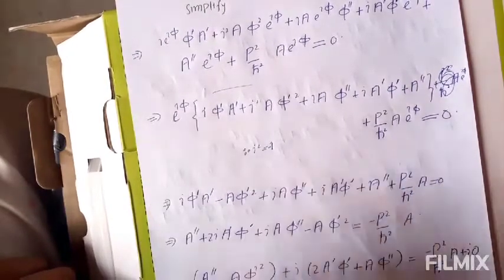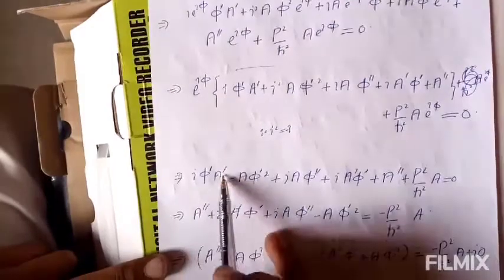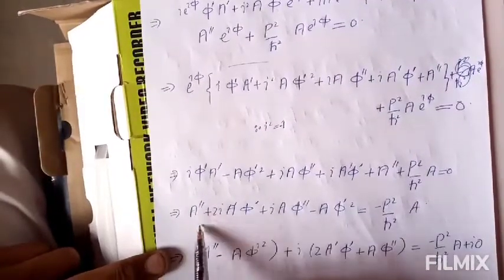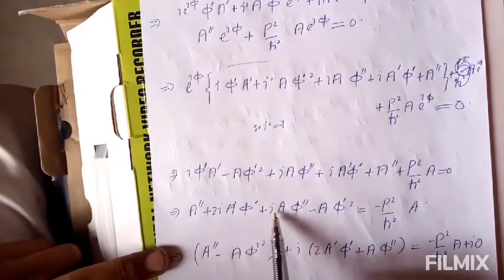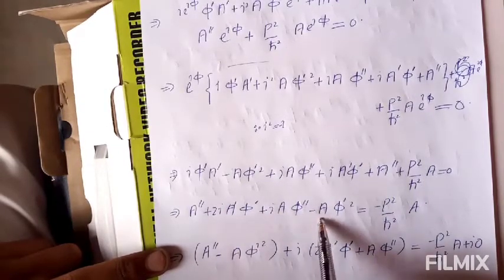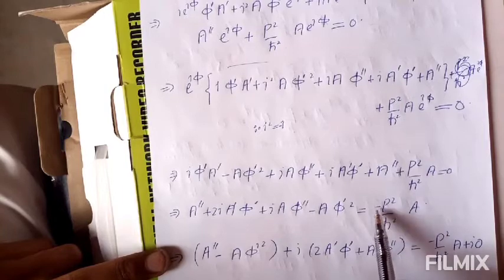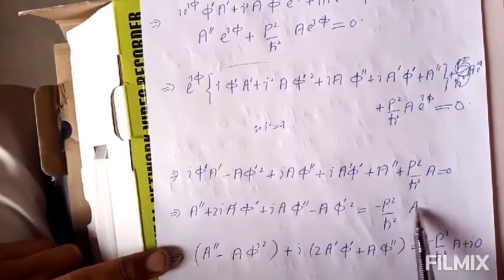Only I remove this one. Now further solving, a double dash plus 2 iota a dash, it is 2 iota a dash, okay, so plus iota a into phi double dash minus a into phi dash square is equal to minus p square divided by h cut square into a.